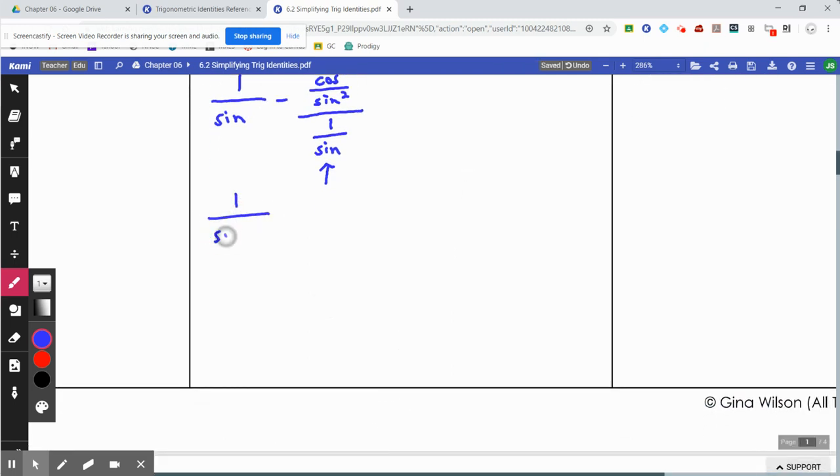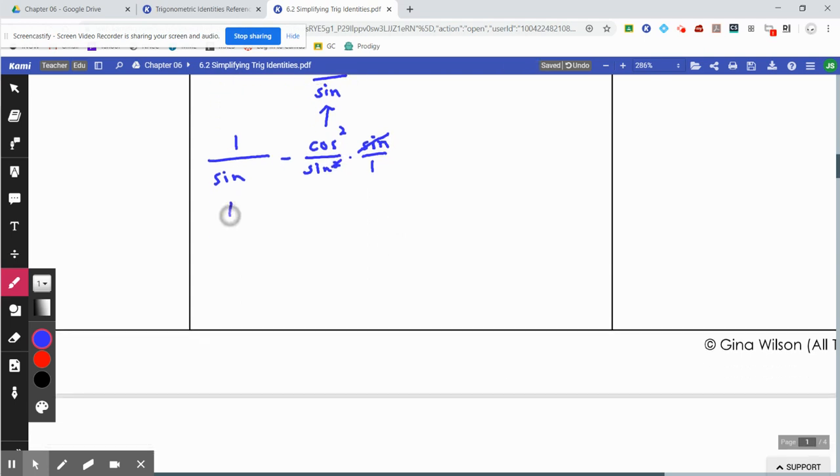So I have 1 over sine minus cosine squared over sine squared times sine over 1. Sine squared and the sine cancels. You have 2 on bottom, 1 on top, so only one of them is going to cancel. And we now have 1 over sine minus cosine squared over sine. So that actually did us a favor. Now we have a common denominator, so we can combine them by doing 1 minus cosine squared over sine.